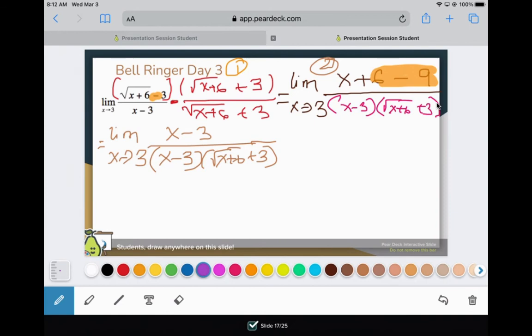So anyone remember what we should do next? So this is step 3. What should I do next? Once I simplify the numerator, I can cross out the x minus 3, right? Because they are the same, so this cancels out.